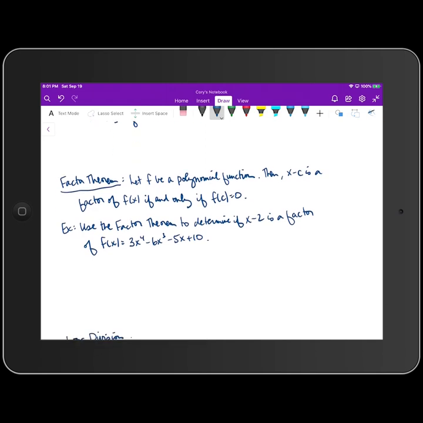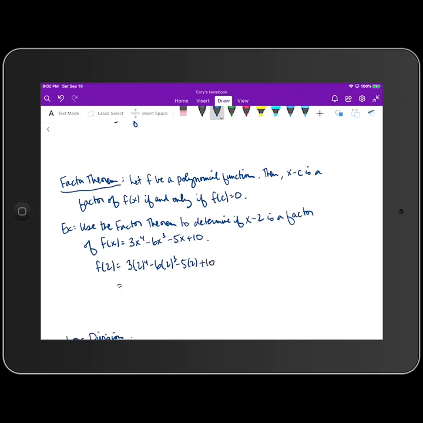So if we want to see if x minus 2 is a factor, we're going to take the function value at the value that makes x minus 2 equal to 0, which is 2. So when we take the function value at 2, that's going to be 3 times 2 to the 4th power minus 6 times 2 cubed minus 5 times 2 plus 10.